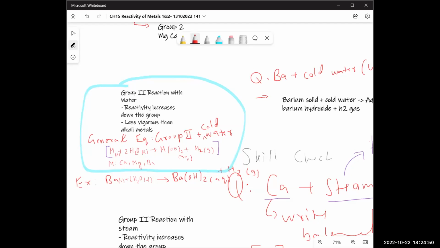Finished? No, Javan, how much have you written? I'm writing the red part. All right. That's the main part. The general equation: all you have to do is replace the M with any group 2 metal. So in place of M, you can write calcium, magnesium, barium, your choice.